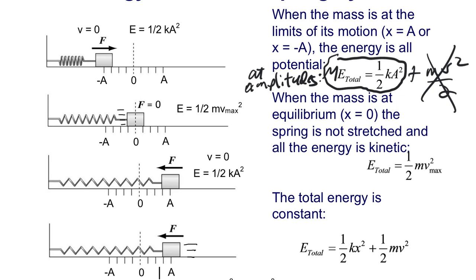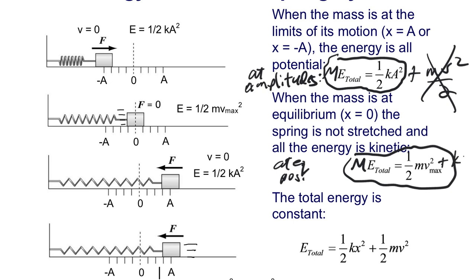When you're at the equilibrium position, the total mechanical energy is equal to KE, 1/2 mv squared, because you have no k delta x squared over 2. You have no displacement. You have no potential energy.